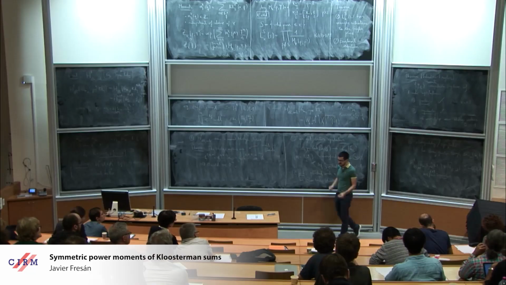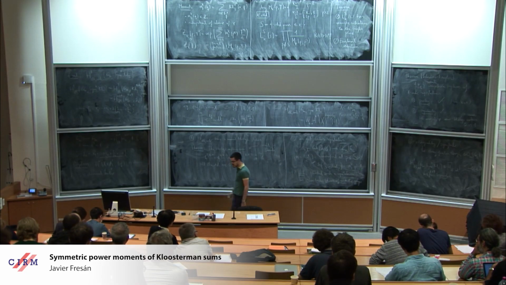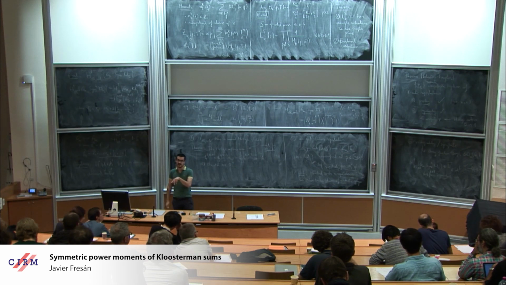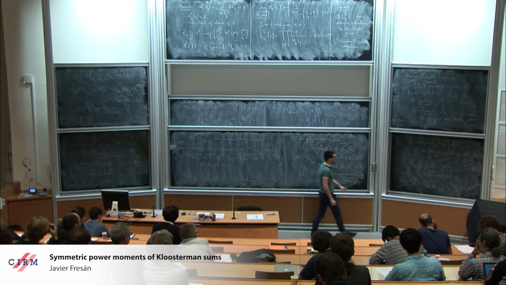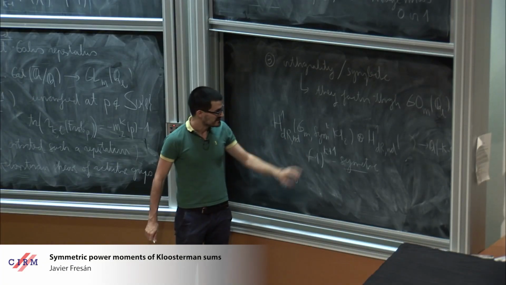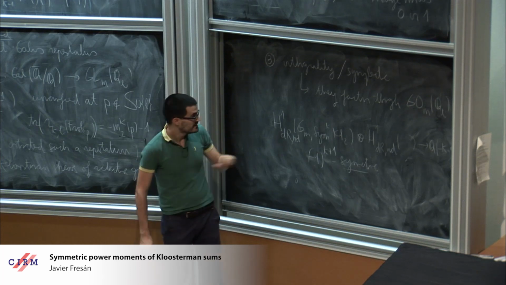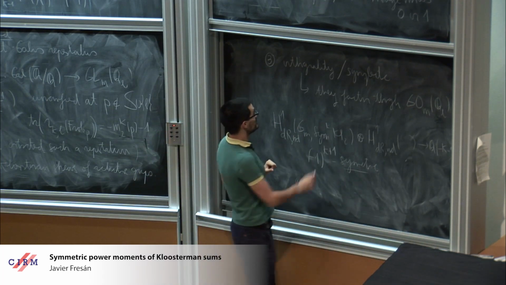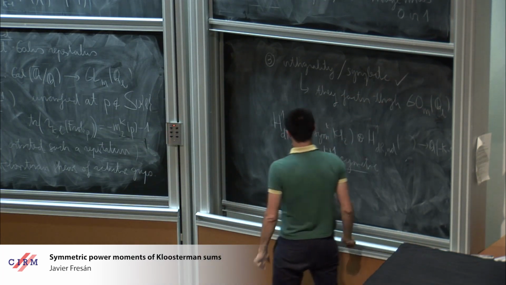This comes essentially from the dual of a motive of a variety X with a function F, which, I'm simplifying a little, will be the compact support cohomology of X with the function minus F. But in this case, the two functions are isomorphic. So you get something like this. So this is what allows you to prove orthogonality.